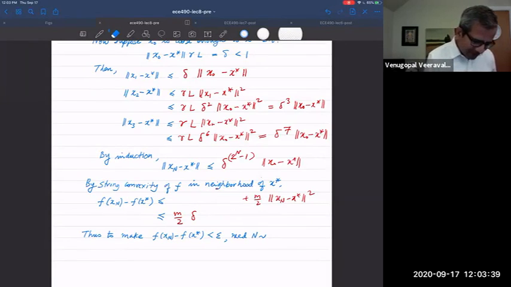Okay, so what I have is delta. I need to square xn minus x star squared, so I need to take the square of this whole quantity on the right-hand side to get the upper bound. If I square this, that will give me 2 to the n plus 1 minus 2.